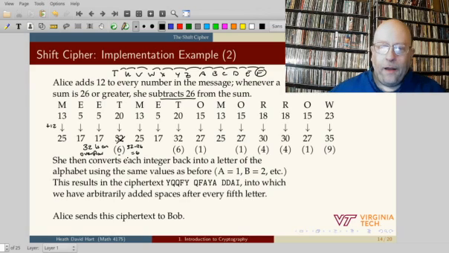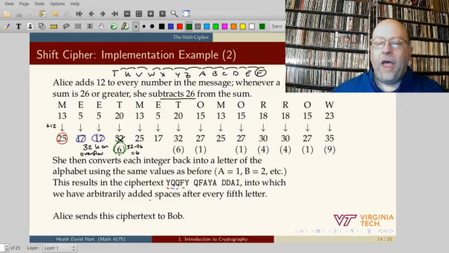All right, so Alice has added 12 to every number in the message, and now she needs to convert these numbers back into letters. 25 converts into Y. 17, which we have twice, converts into Q's. The 6 that we have here converts into an F. And so on and so forth, everything converts out.